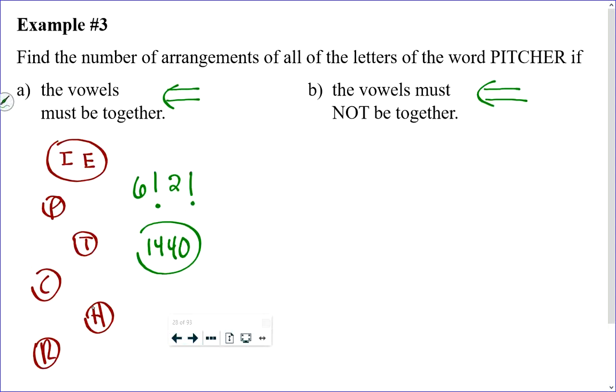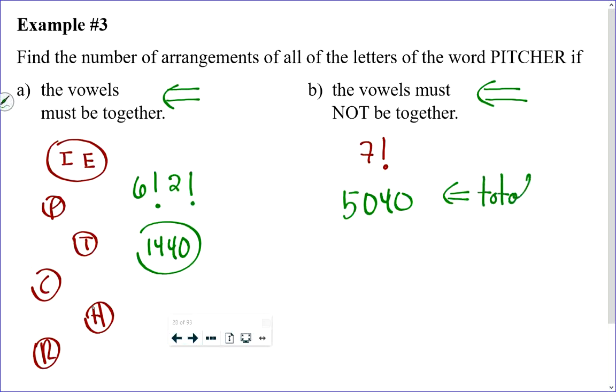The only way you can ever find out how many ways these arrangements can be completed if the I and the E are not together is to find out how many ways they are together and take that away from the total number of arrangements. So the total number of arrangements here, 1, 2, 3, 4, 5, 6, 7, is 7 factorial, which gives me 5,040. This is the total.